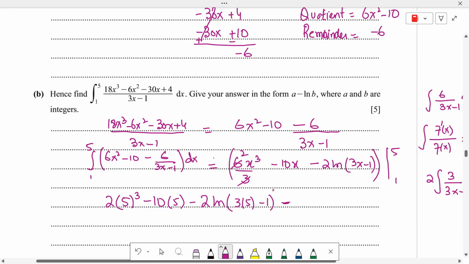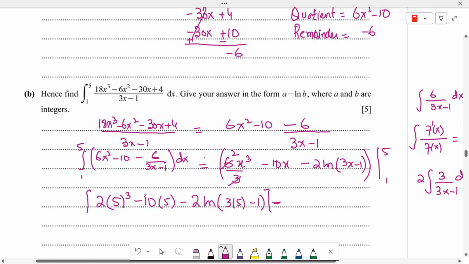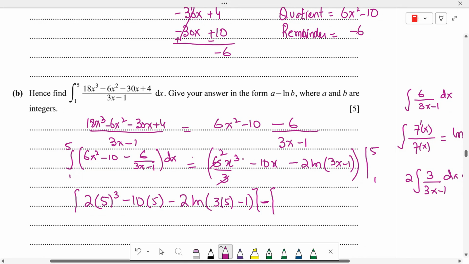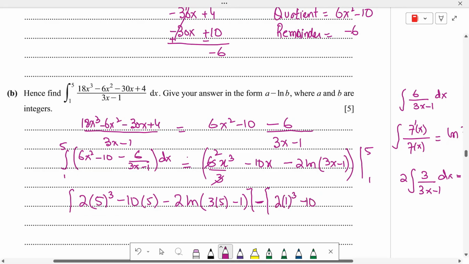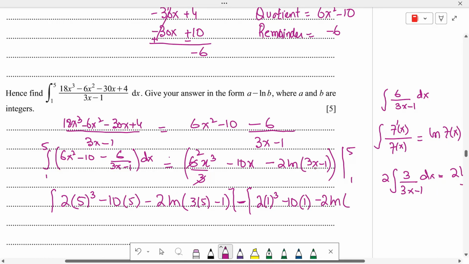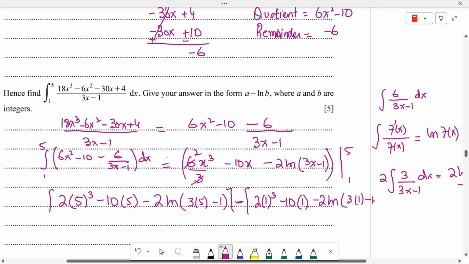Minus, apply the lower limit. So 2x cube means 2 times 1 cube, minus 10x means 10 times 1, minus 2 ln 3 times x means 3 times 1 minus 1.